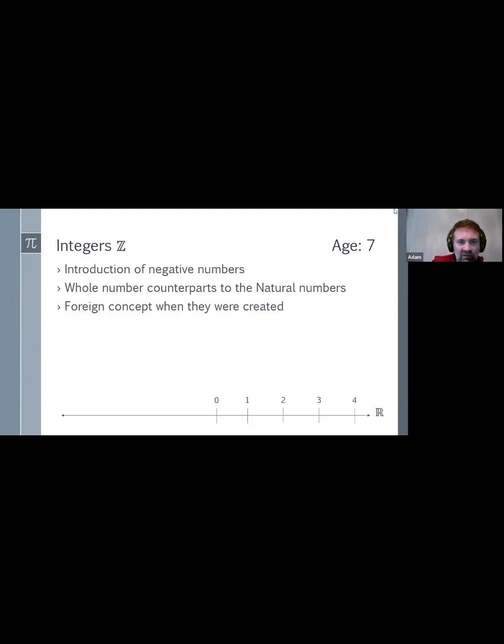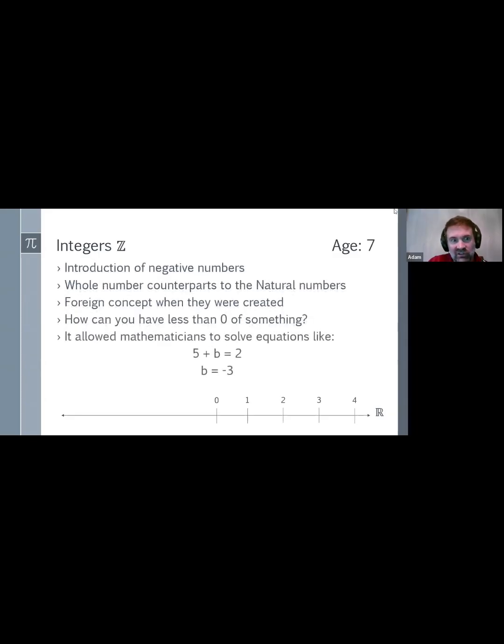Nowadays, we understand negative numbers because we're immersed in them, in our finances or doing math in general. But at first, people wouldn't understand what negative numbers were. Like, how can you have less than 0 of something? How can you even have 0 of something?